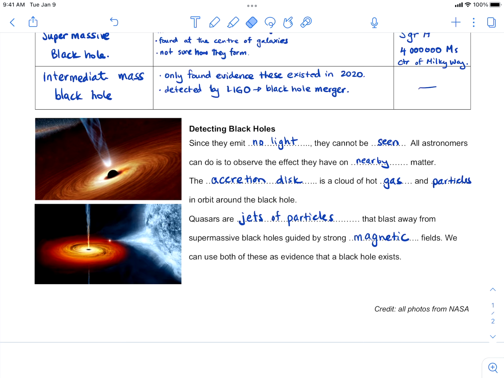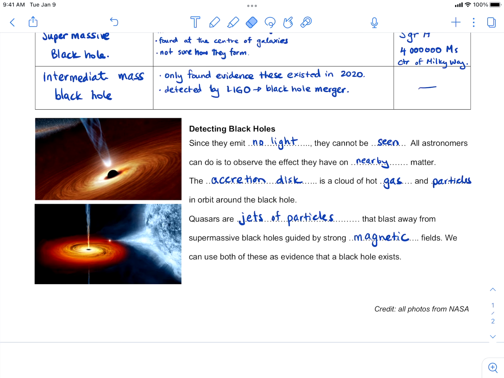Okay? There's lots of other things that we can do, like image stars that are close to a black hole and watch the stars moving around it. One of the most recent Nobel Prizes in physics was for monitoring the stars around Sagittarius A*, and that gave us the idea that there's probably a black hole there, because there's nothing that we can see in that space, but there are all these stars orbiting it.